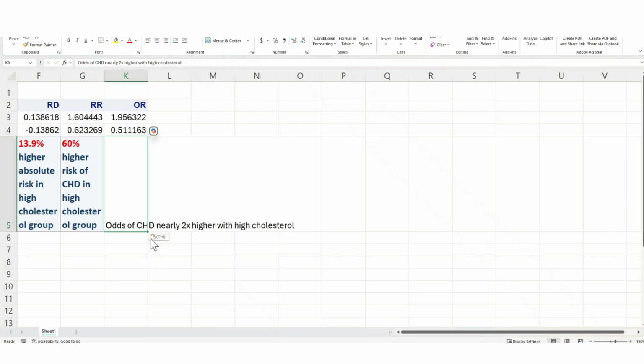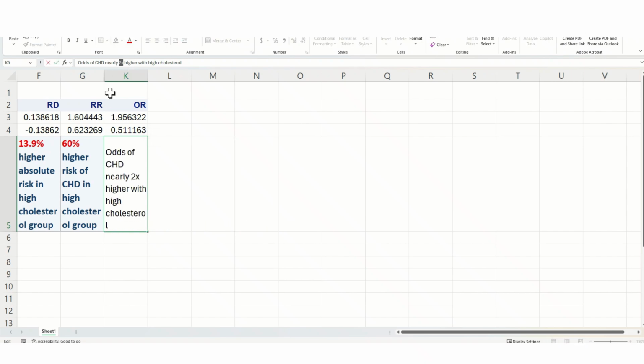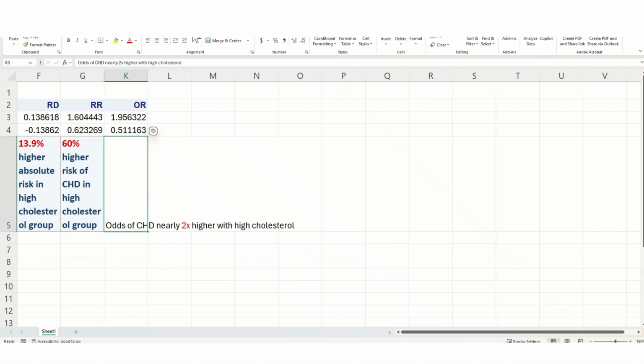Okay, for some reason it is giving me values that are just slightly different, but anyways, the way we interpret the odds ratio is that the odds of chronic heart disease is 95% higher, or almost 2 times higher, in high cholesterol individuals.